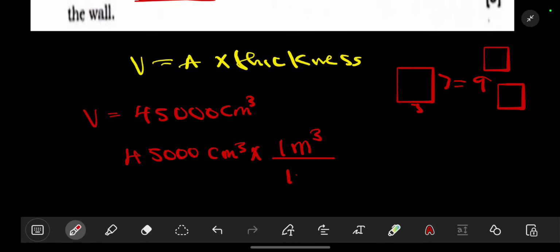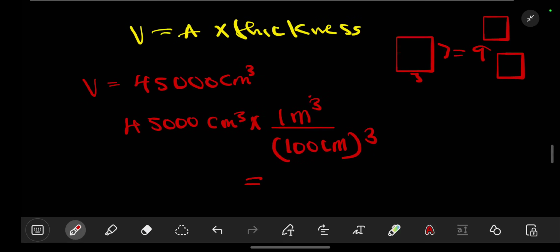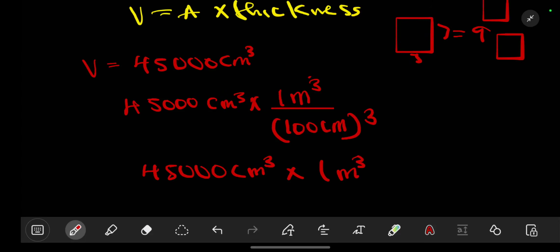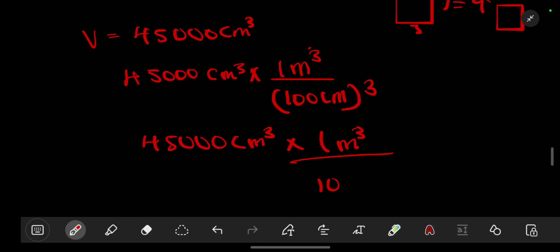In 1 meter there is exactly 100 centimeters. Since there is power 3, we are going to add a power 3 there. So 45,000 cubic centimeters times 1 meter cubed over 100 to the power 3, which gives us 6 zeros.